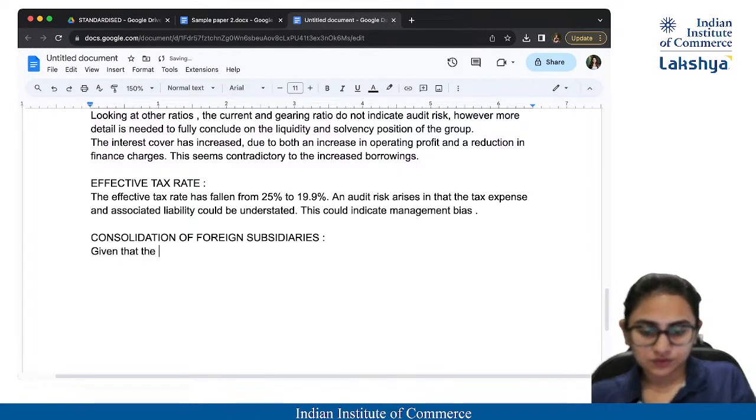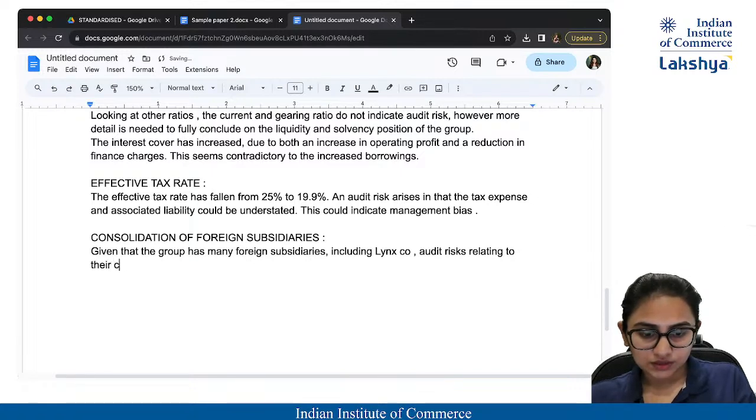Given that the group has many foreign subsidiaries, including Links company, audit risks relating to their consolidation are potentially significant.